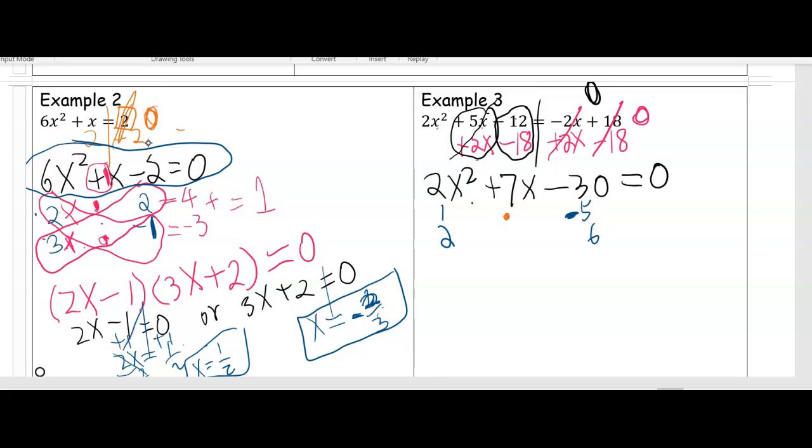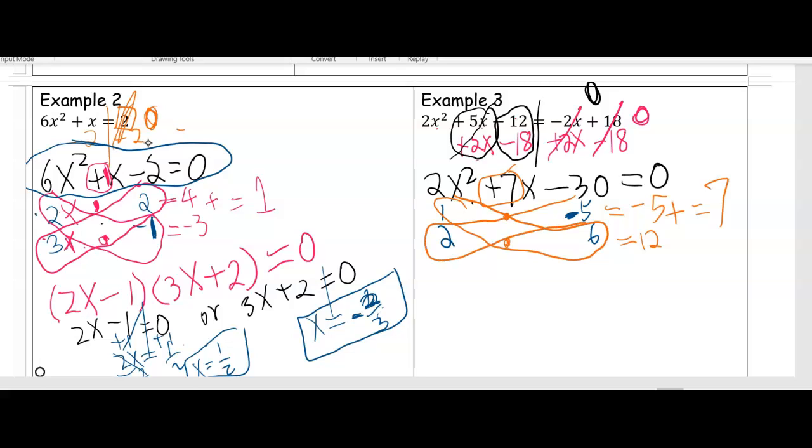So multiply the first line. 1 times negative 5 is negative 5. Second line, 2 times 6 is 12. Add them up, you'll have positive 7, which is what you want in the middle. Okay? So you can write your butterfly down, or the two factors down. X for the first column.